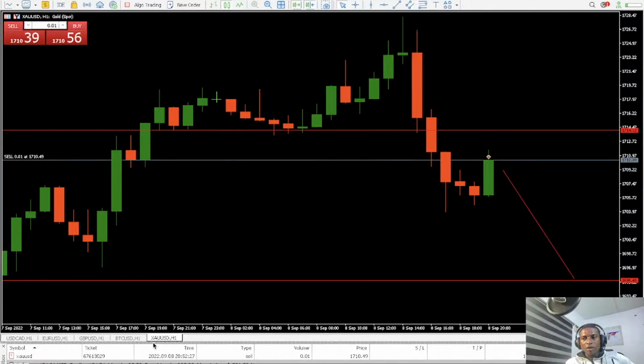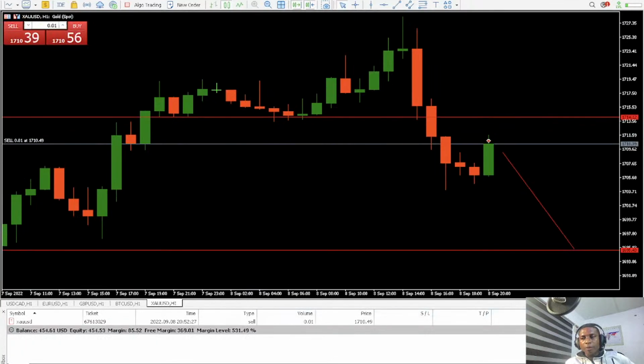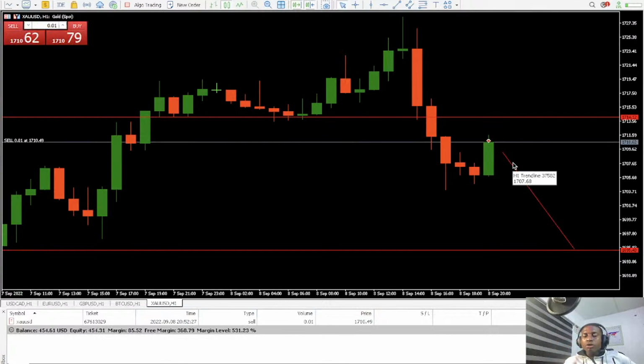I've placed a sell order, so if you look below my terminal section, you will see that I've placed a sell order. Prior to placing an order, you also need to know your exit strategy. At what point are you looking to leave the market? Which means at what point are you willing to take profit, or at what point are you willing to stop losses?